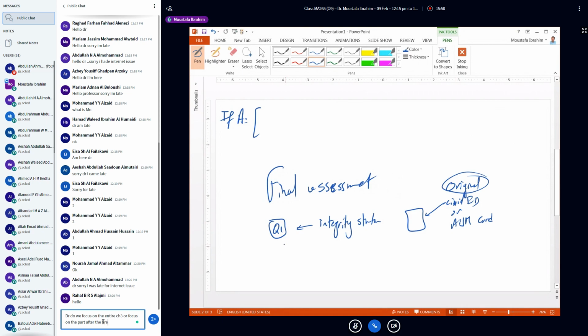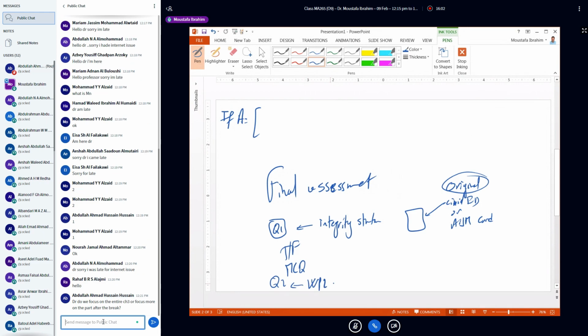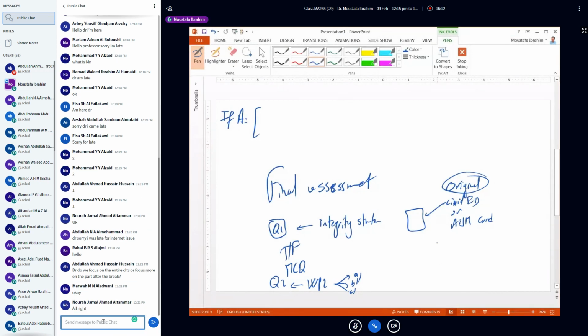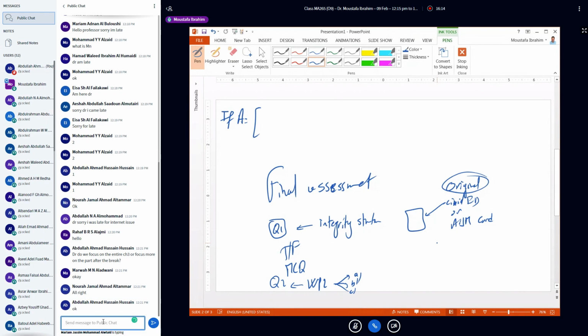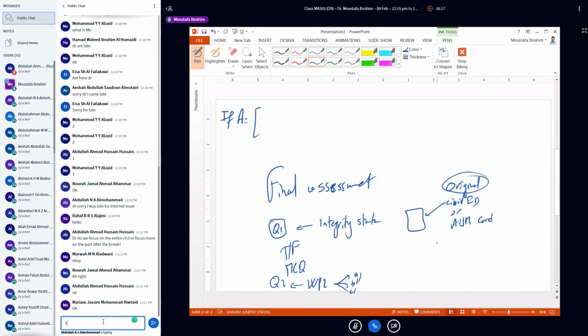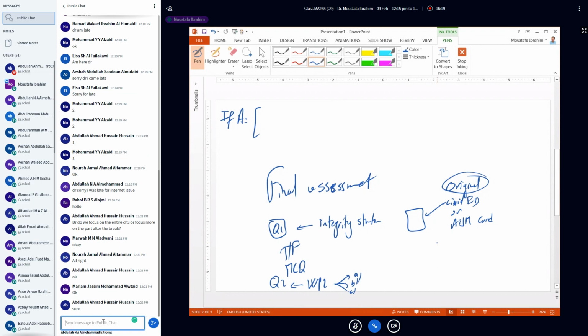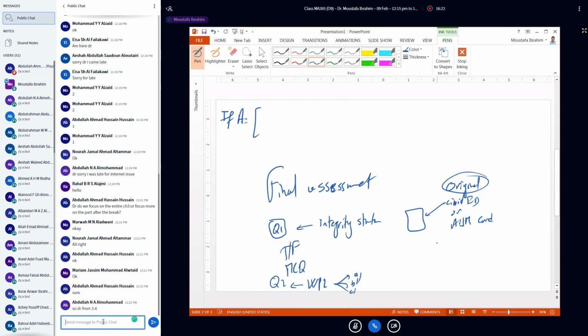Plus signature, and then true/false and multiple choice, and question 2, which is work problem 2, with parts A, B, C. Okay, guys? Everything after winter break, and everything related to these chapters, from 3.4 and everything related.